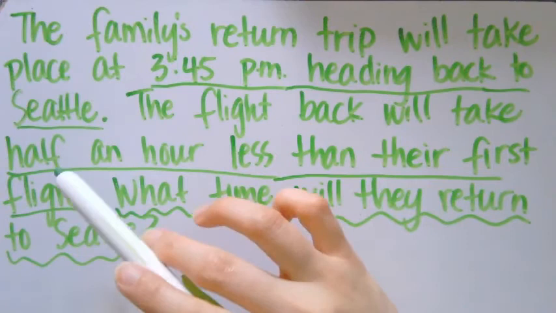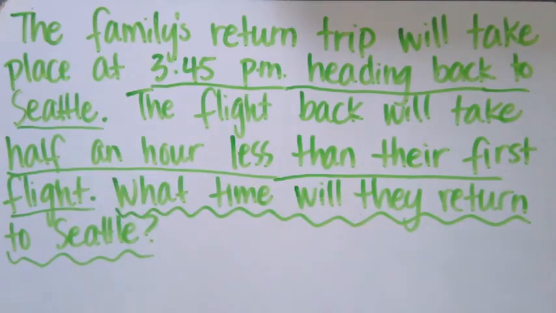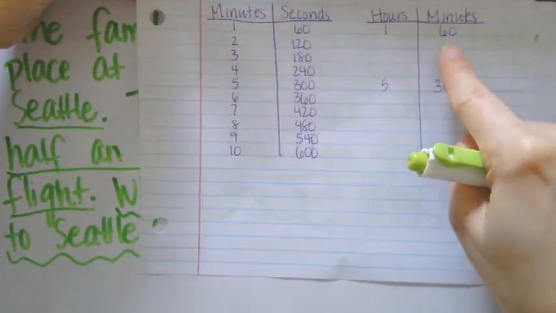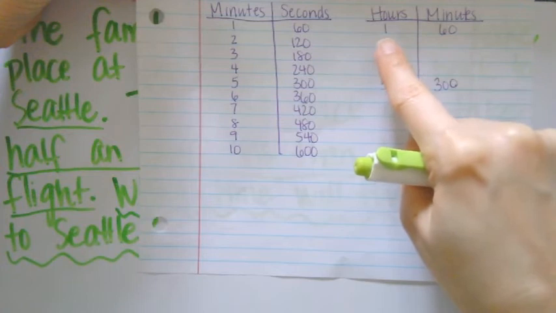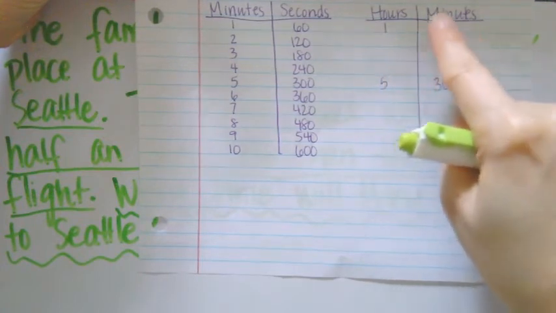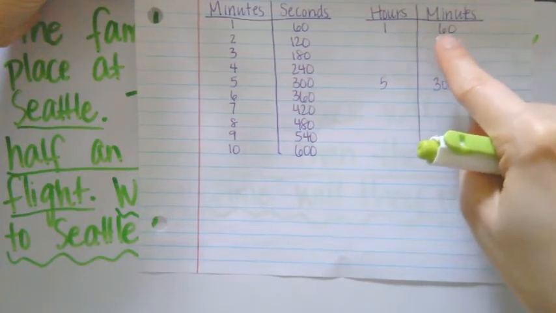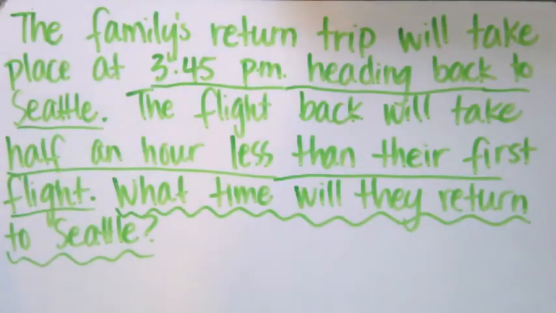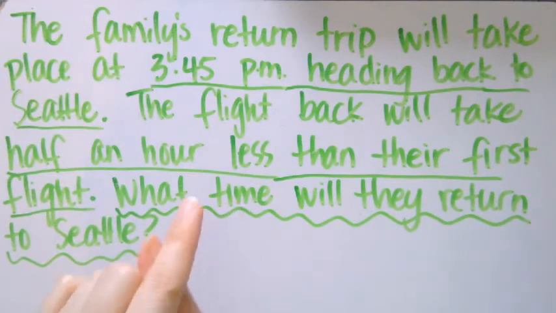So first I need to understand what half an hour is. If we know that in 1 hour there are 60 minutes, what is half an hour in minutes? So what is half of 60? 30. So we know that half an hour is going to be 30 minutes.